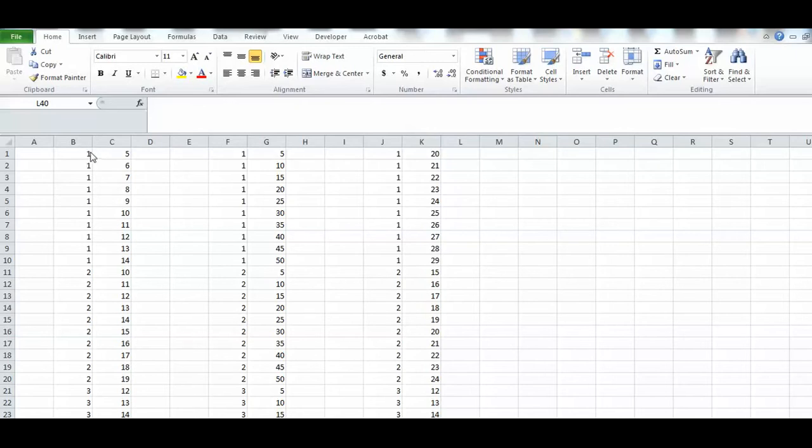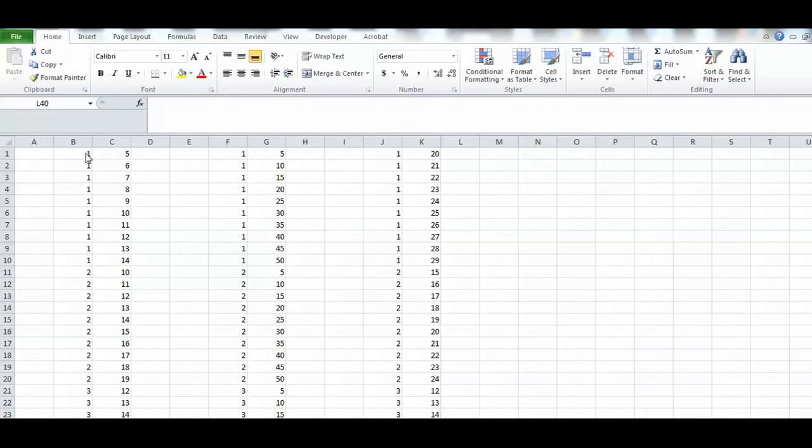Each row is a different person. So this row is person 1, this row is person 2, this row is person 3. And in each row, the left number is supposed to be the number of children that the person has, and the right number is supposed to be the number of hours that the person works per week. So the first person in this population has 1 child and works 5 hours per week.